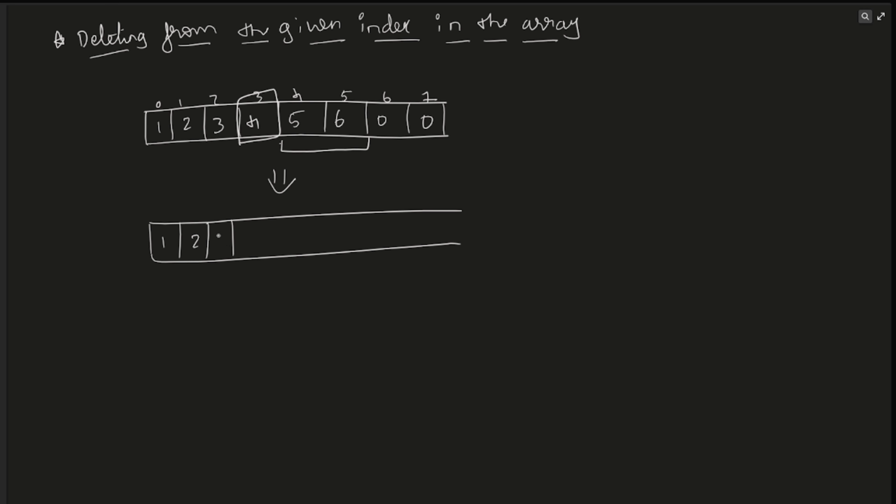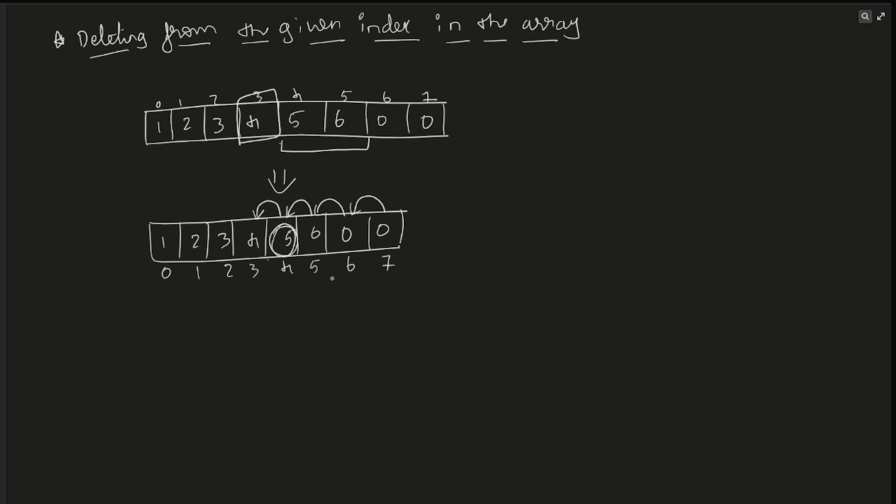1 2 3 4 5 6 0 0. We need to start shifting from this index. Let me just write down the indexes as well. Shift fourth index to third index, and fifth index to fourth index, and so on.